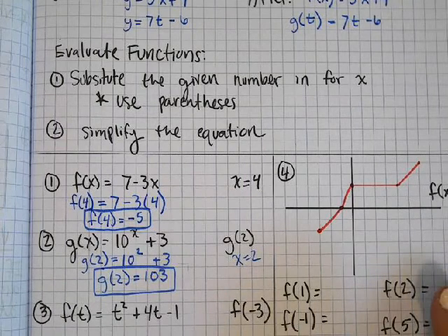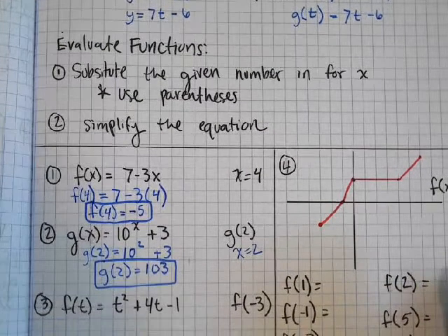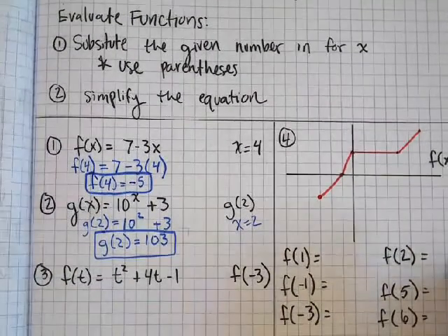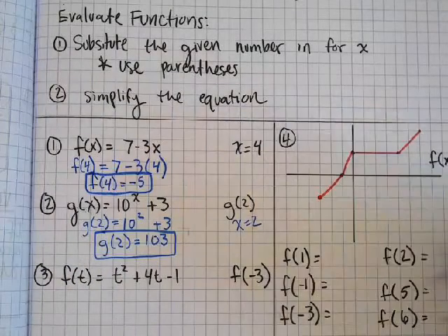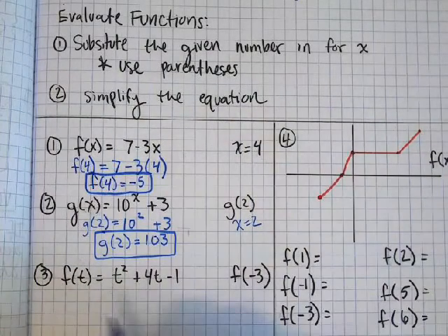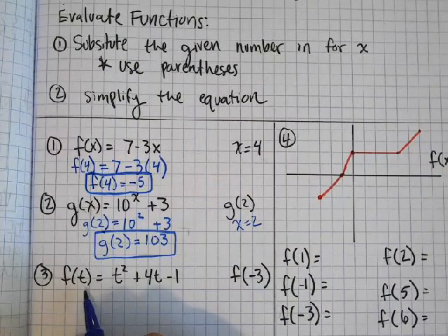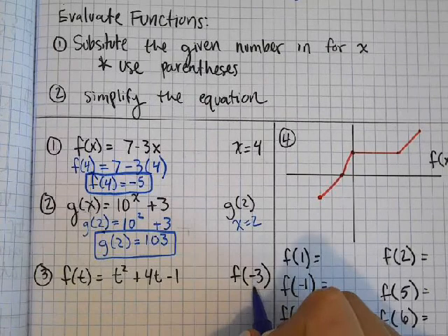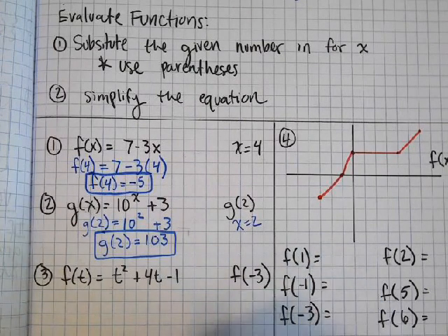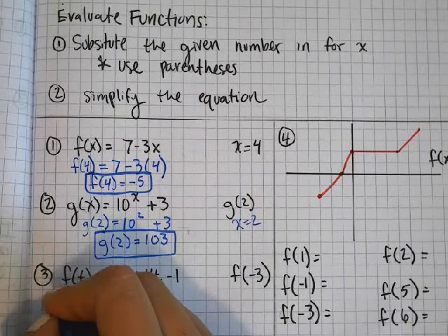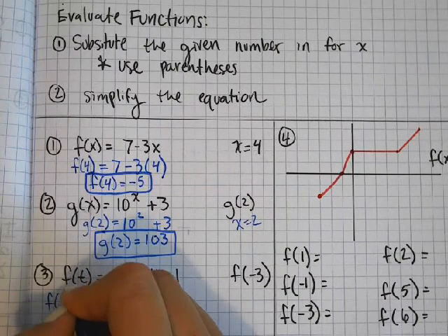So we took a different approach to evaluating functions. Now we know which function we're talking about. This next one, f of t. I want to find when t equals negative 3. Especially when we have exponents, those parentheses are very important.